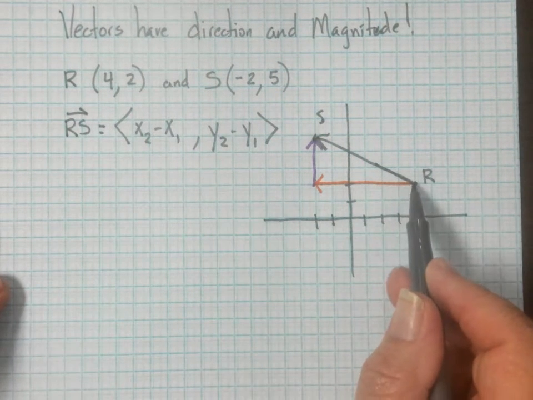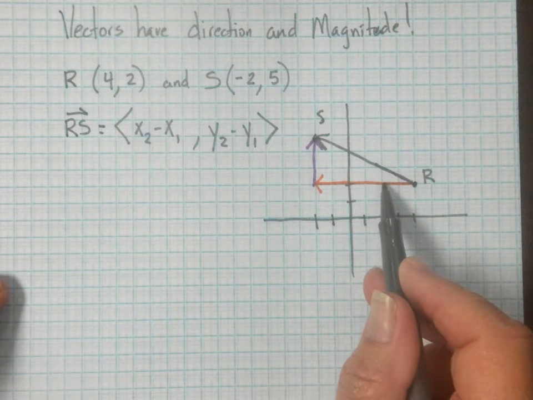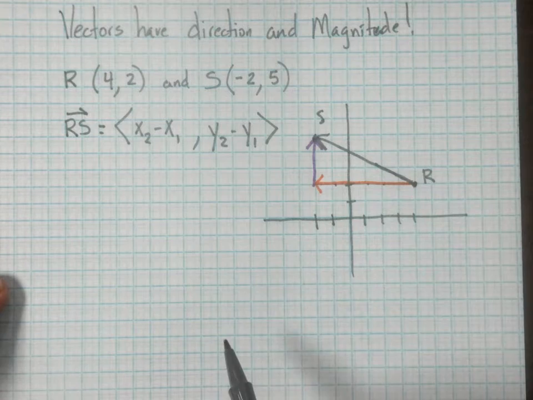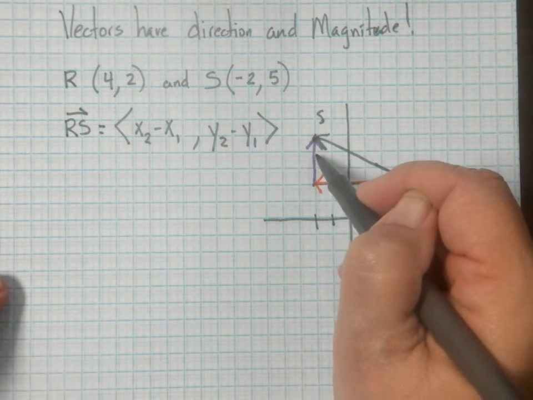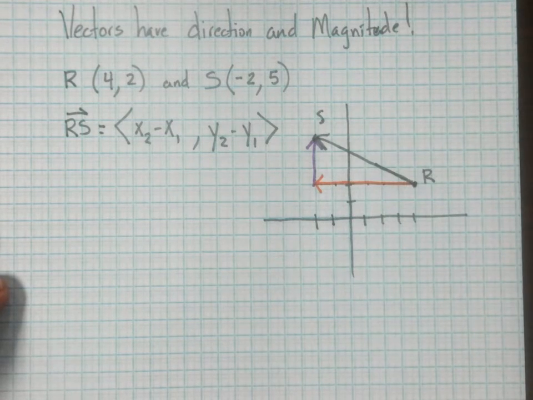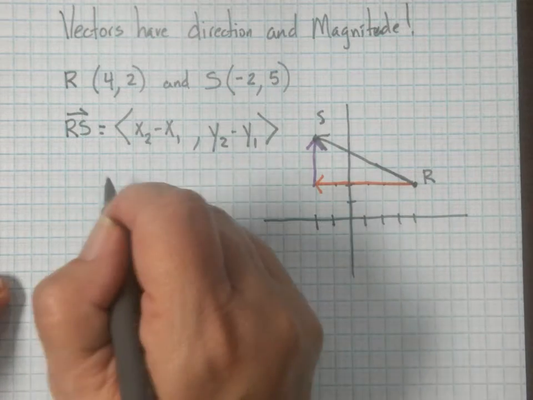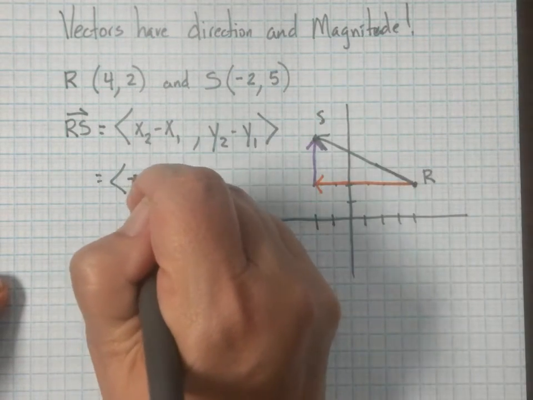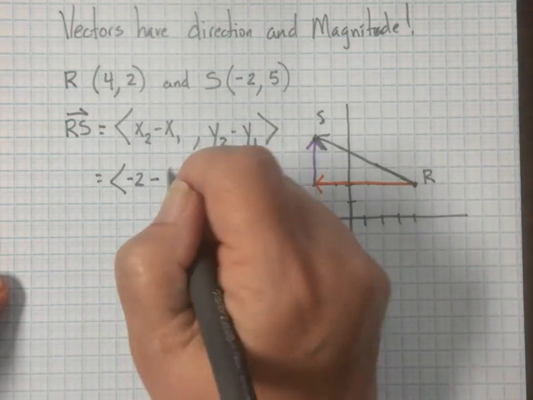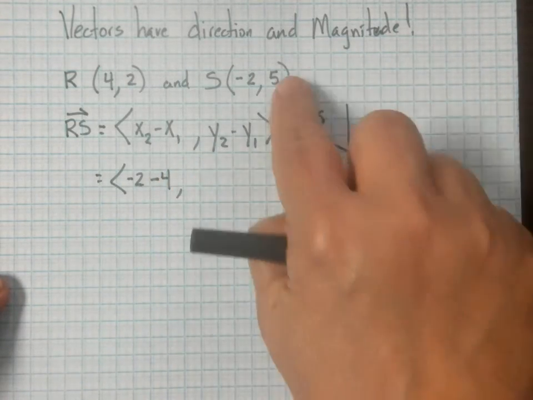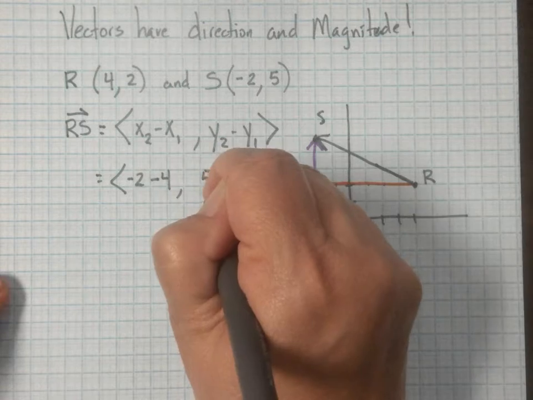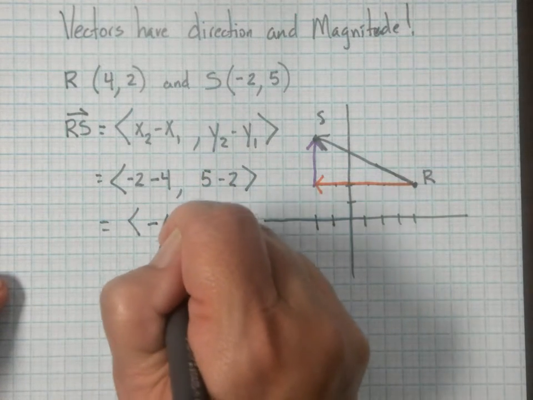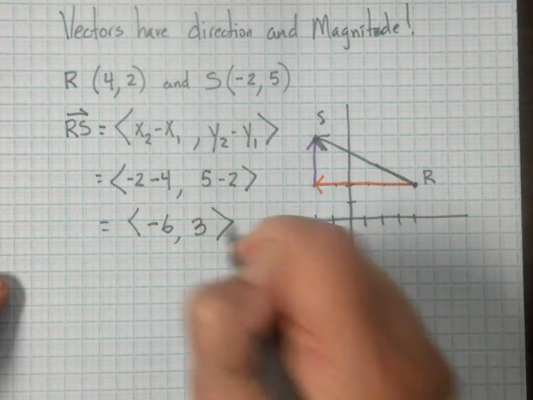So I can see graphically that I went 1, 2, 3, 4, 5, 6, -6, and 1, 2, 3, +3. Algebraically, I plug in these values, -2, -4, and then 5, -2, and I have -6 and 3.